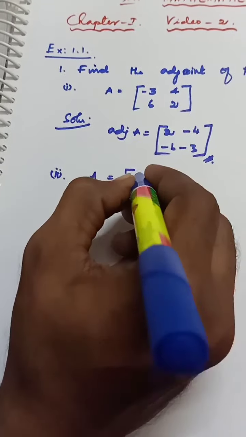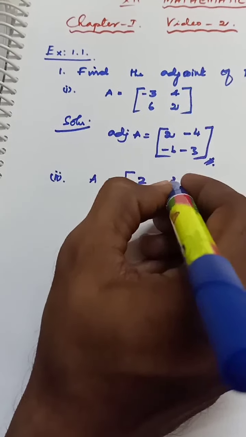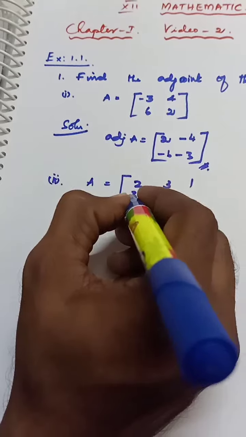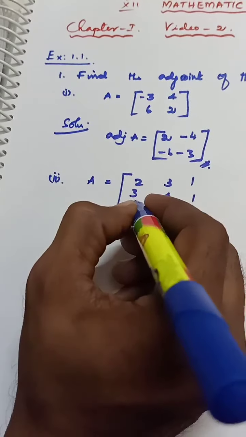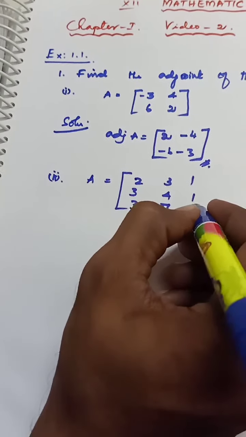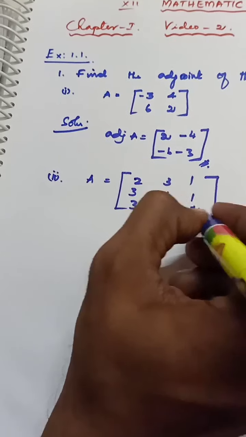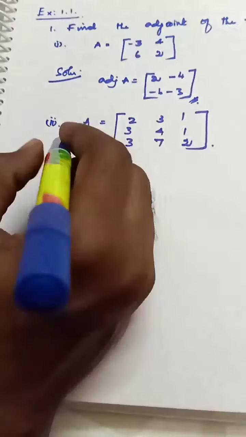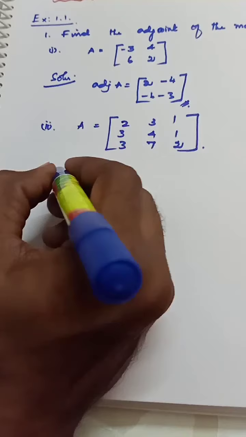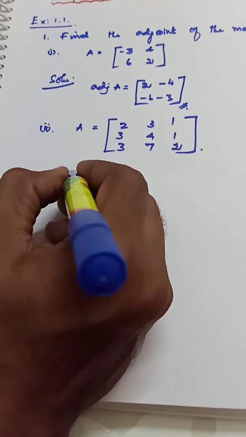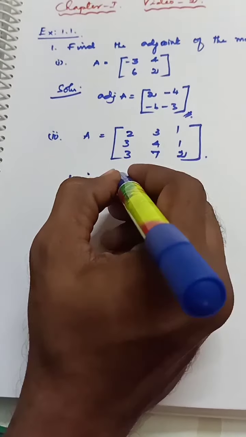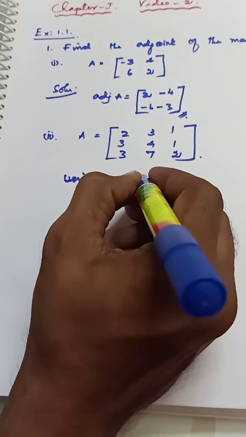Your A is [2 3 1; 3 4 1; 3 7 2]. So we are going to follow the second method for finding the adjoint, using 4 minors.